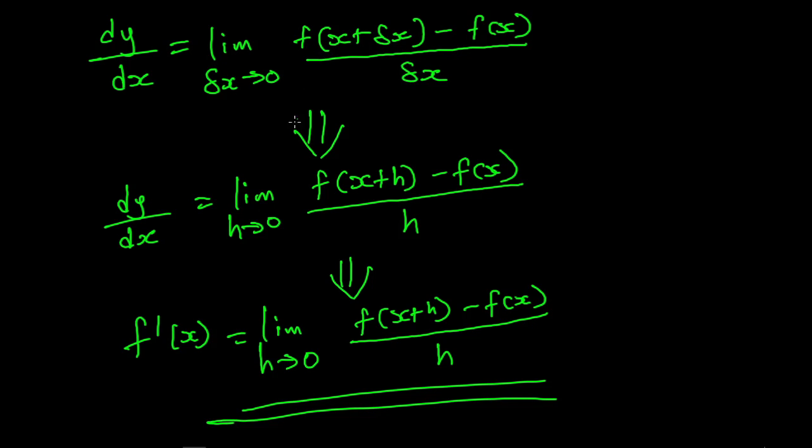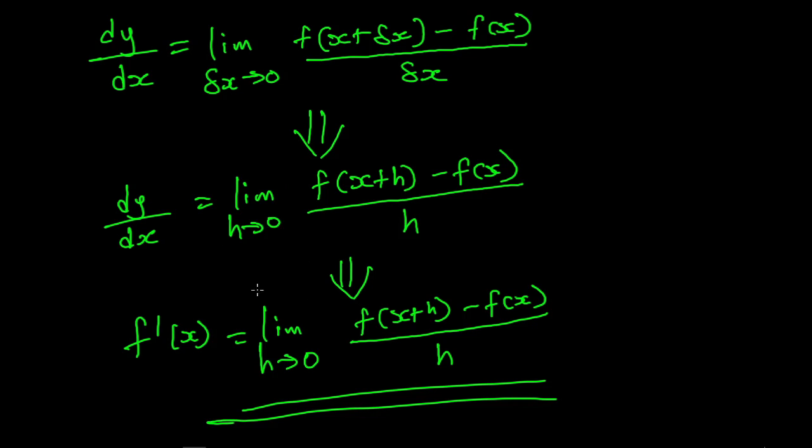This formula can also be rewritten as dy over dx is equal to the limit as h approaches 0 of f of x plus h minus f of x over h. The difference between these two formulas is delta x and h. In the first one, we have delta x, while in the second one, we have h. H here is also standing for delta x.